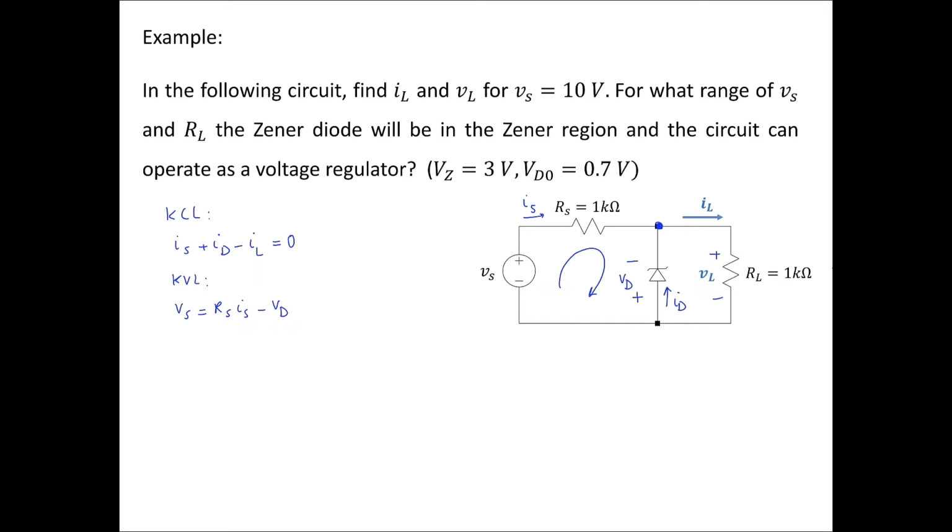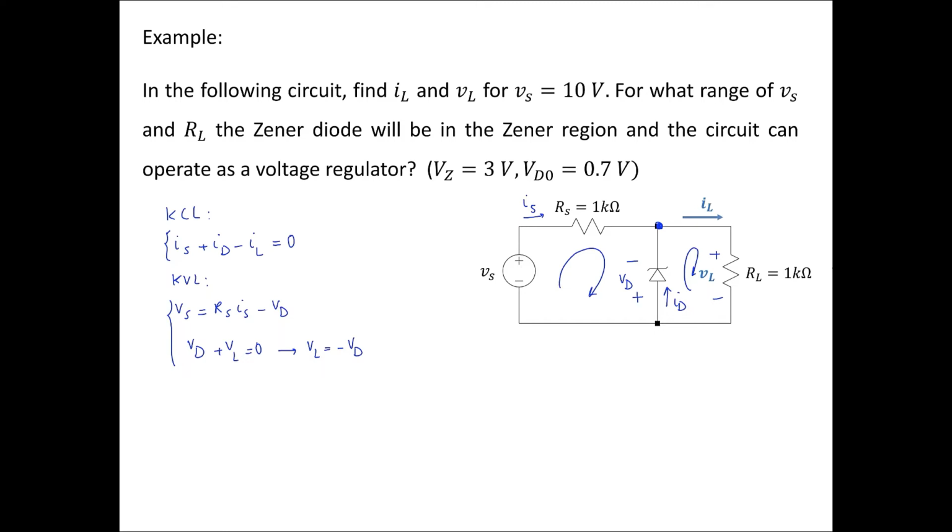Also, I can write another KVL in here, and from there I have VD plus VL equals 0. From there, VL equals negative VD. So these are three equations that I have for this circuit.